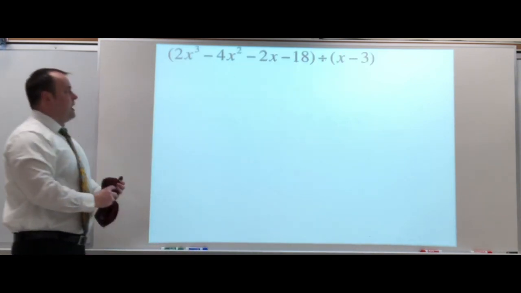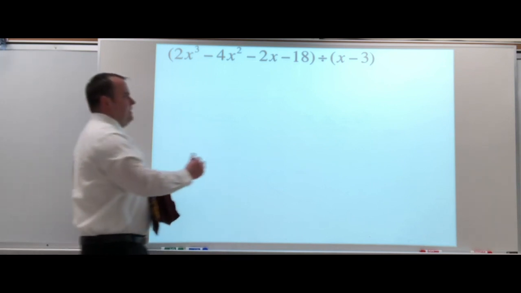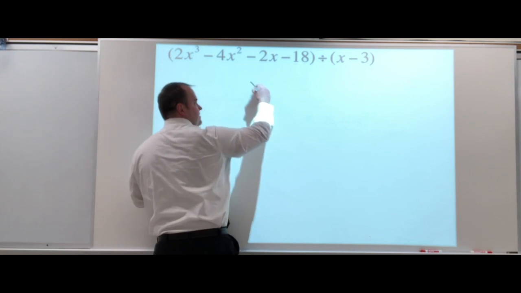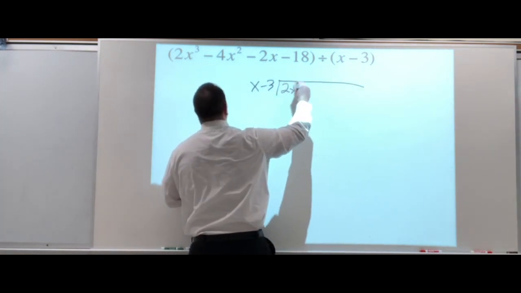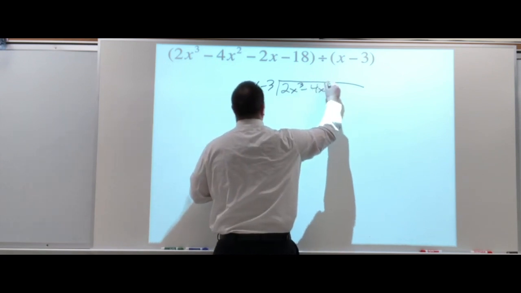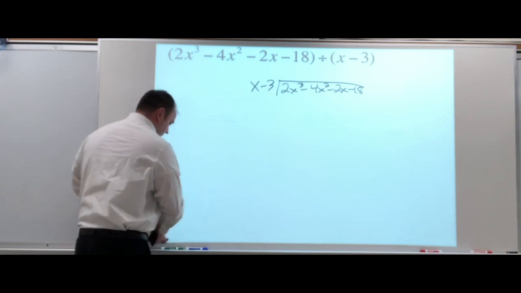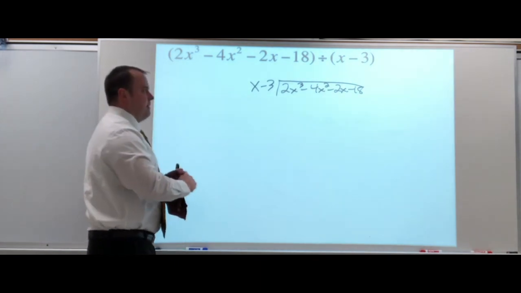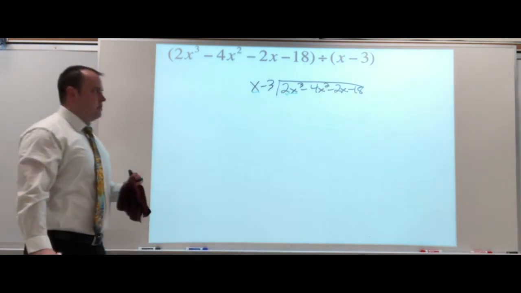Here we have 2x cubed minus 4x squared minus 2x minus 18 divided by x minus 3. So I'm going to start this off the same way. I'm thinking of my first two terms, x and 2x cubed.